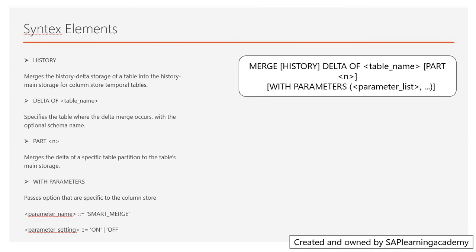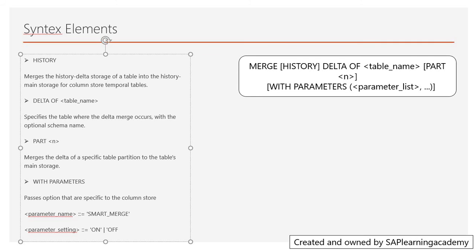So this slide is for the syntax elements. So this merge, after that you have to write history. What is the use of history? Let me tell you that it merges the history delta storage of a table into the history main storage of a column store temporal table.